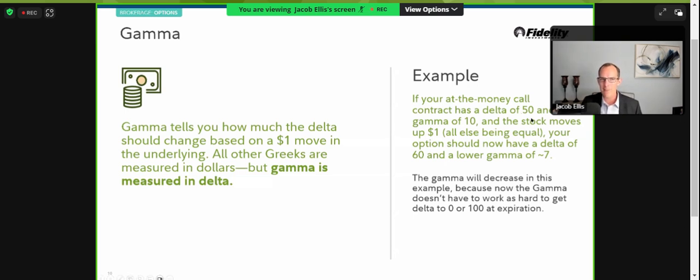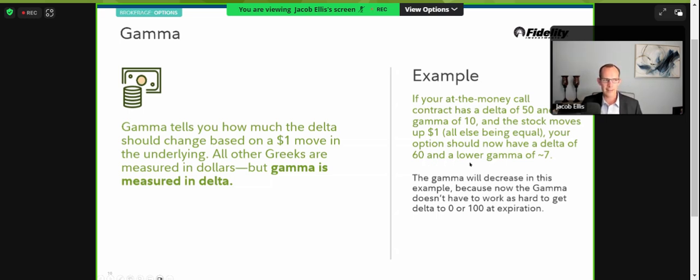So how hard does gamma have to work to push it from 50 to one of those extremes, up to 100 or down to 0? It has to work really hard. In fact, some of the hardest. But as it gets above it, gets to 60, well, now it only needs to move an additional 40 points to get there. Hence gamma decreasing as it's moved a little closer in that direction.